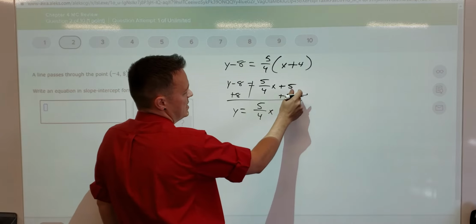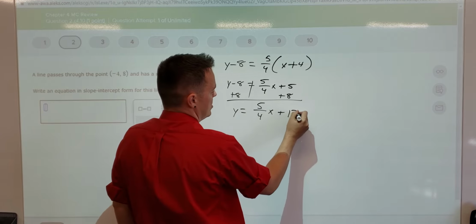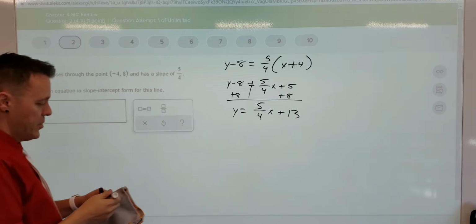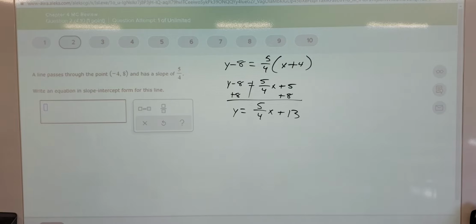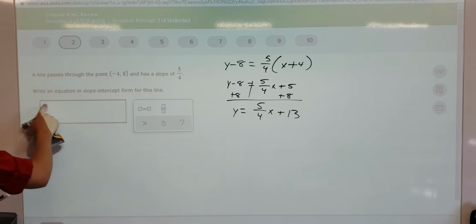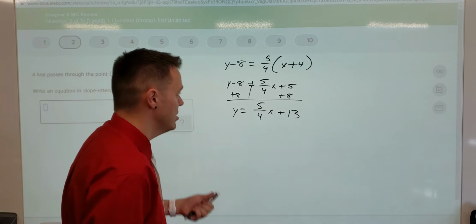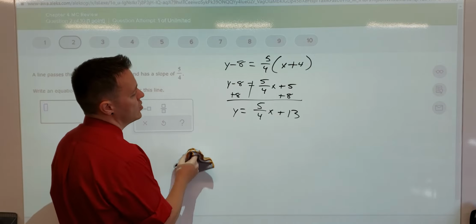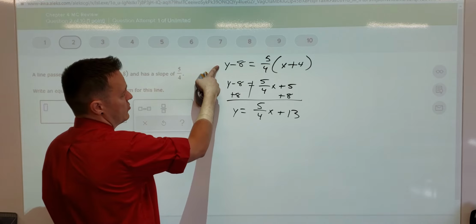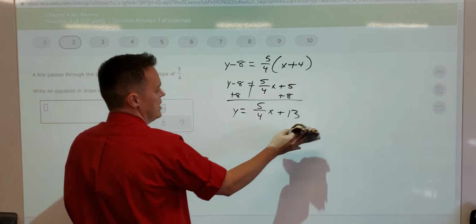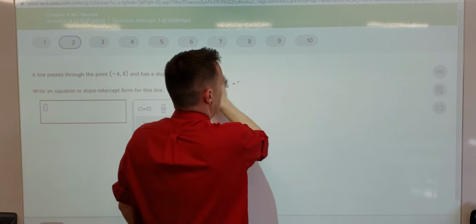Y equals 8 plus 5, which is plus 13. I put that in the equation, and I would get the answer here. So write the equation in there. If I plug that in, I get the answer. You guys see that? If you struggle with this, please let me know. But you're going from point slope to slope intercept.